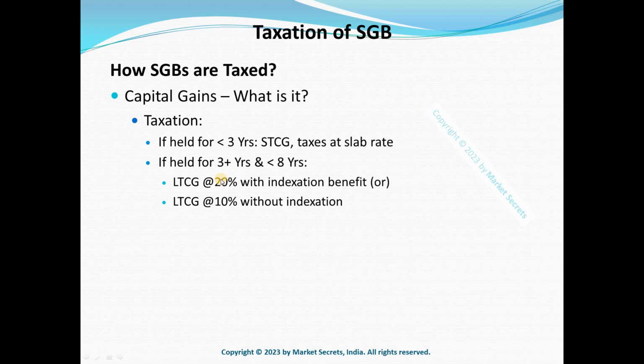We will talk about this indexation and how to avail it in a different episode. But for now, you understand you have two options if you are holding SGB beyond 3 years and less than 8 years. You can choose which one is best for you. So that is LTCG at 20% with indexation or 10% without indexation. So that's for 3 to 8 years.